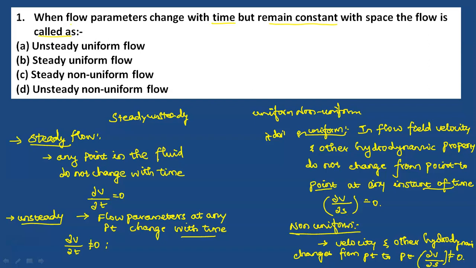Here in the question they are asking when the flow parameters change with time, which means unsteady flow, but remain constant with the space of flow. For uniform flow only, it does not change from point to point. So option A is the correct answer: unsteady uniform flow.